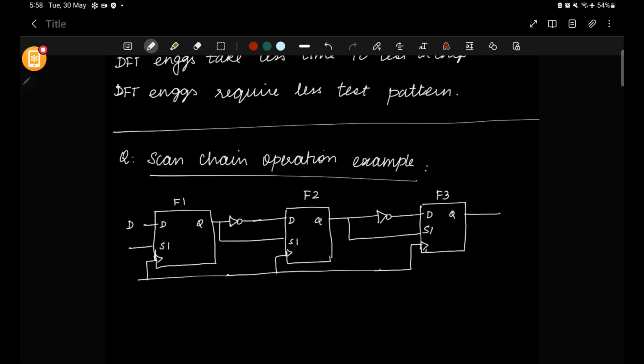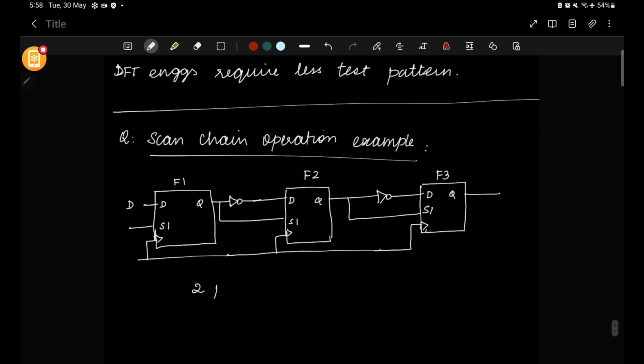So you can just take two patterns, like 0, 1, 1 and 1, 0, 1. You can tell what will happen during shift phase and what will happen during capture phase. Like that you can explain this diagram. So you can try it out now. What will happen during shift phase? What will happen during capture phase? How the patterns will be shifted.